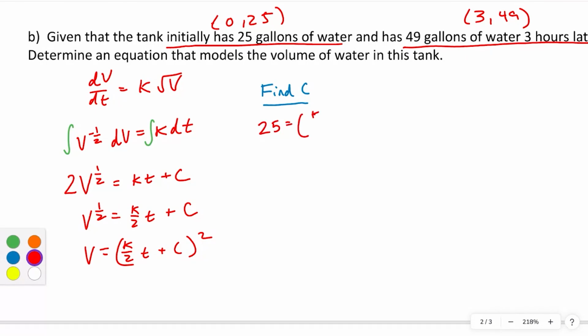Then we have k over 2 times 0, so that's just 0, plus c squared. So what's the square root of 25? 5. So c is going to be 5. So now we've got V equals k over 2 t plus 5, squared.